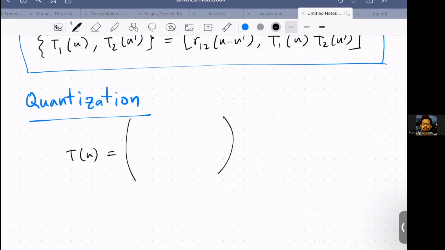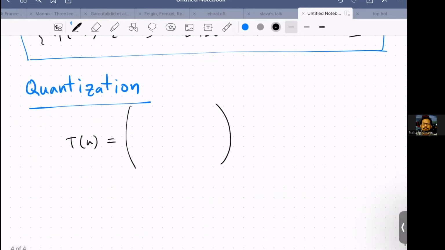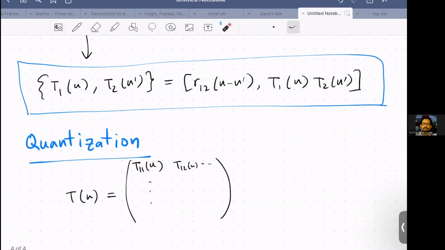This is a matrix that acts on some auxiliary space, these V's, and it has entries, say T11, which depends on U but also on the phase space coordinates, and so on. And this equation tells you how to take the Poisson brackets of these things, assuming you know what the R matrix looks like.